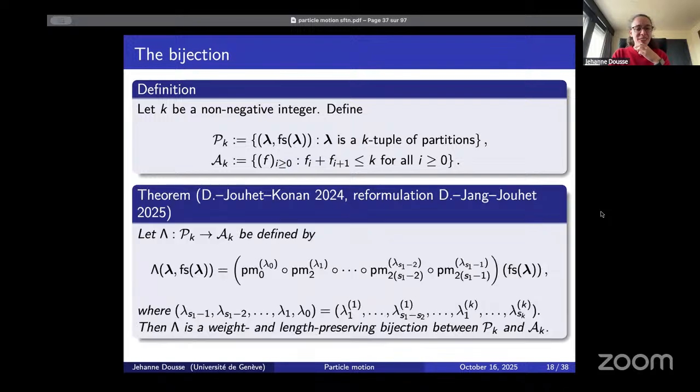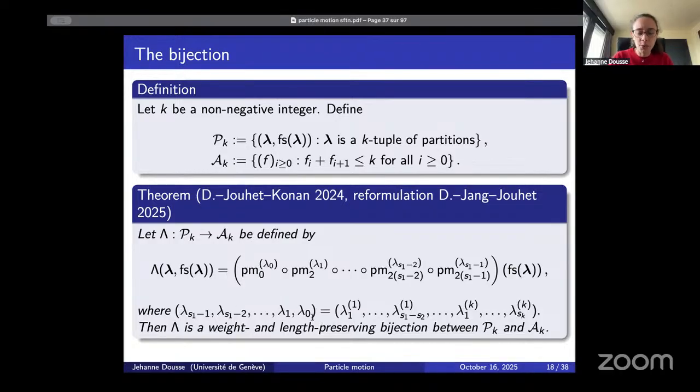Yes. So, okay. The bijection that we will give will be a map lambda from P_k to A_k defined by starting with the frame sequence and applying successively particle motions, which will start at even indices, and the number of particle motions that we will apply will be the parts of the partition in the k-tuple.